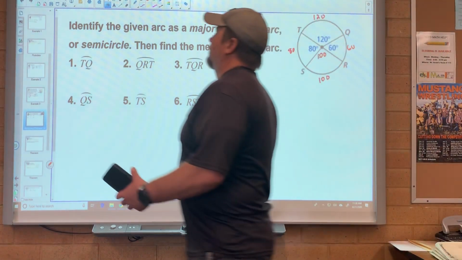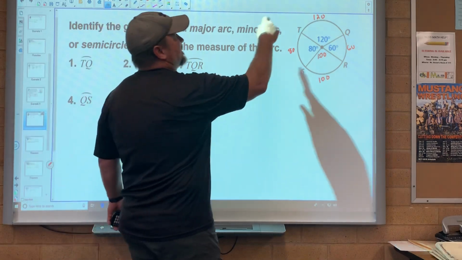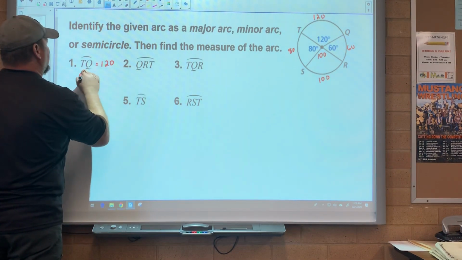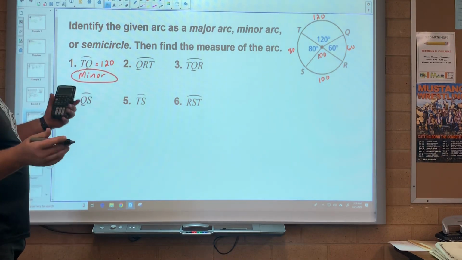Let's go find our arcs. And then let's tell you whether they're major, minor, or semicircle. Okay, so T to Q. Shortest distance is 120. So that's 120. We would say minor. There's our answer, even though the 120 is helpful too.